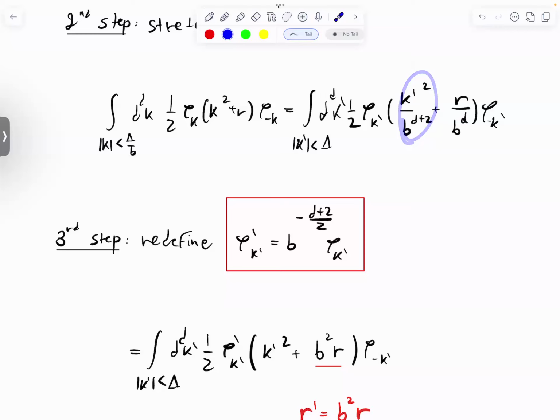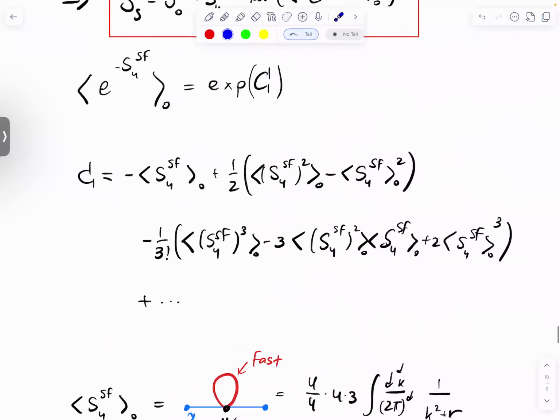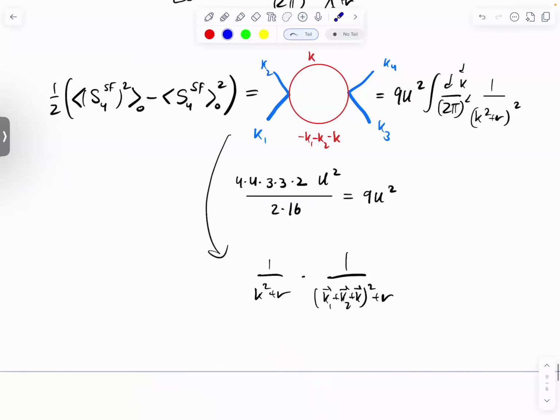This term went like K squared and was less relevant than R. And that means that these higher order terms are basically irrelevant under the RG. So that justifies neglecting the K dependence and only looking at the part of the vertex that doesn't depend on momenta at all. And that's why I neglect these guys. Okay. Good.